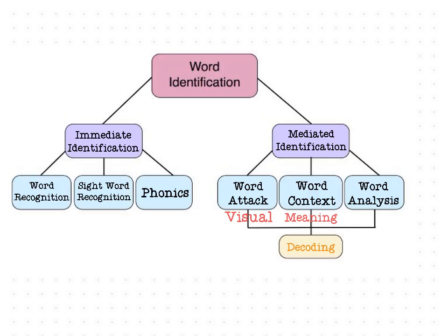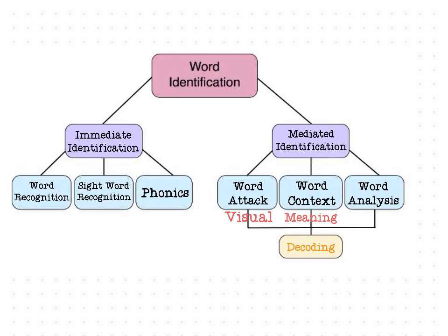Do they sound grammatically correct? We'll look at some examples of this a little later in our lesson, but boys and girls use this structural cue to figure out if the word they try makes sense. And that is that ability to decode the sentence.